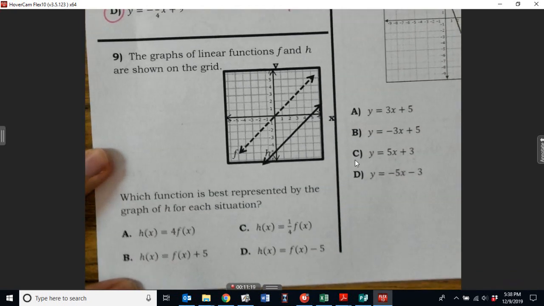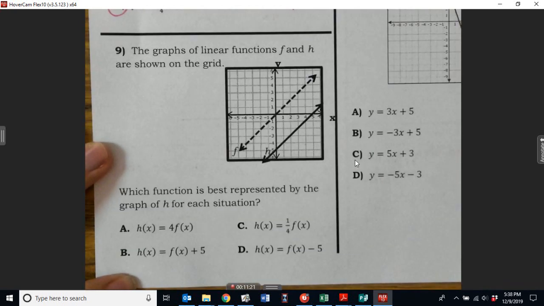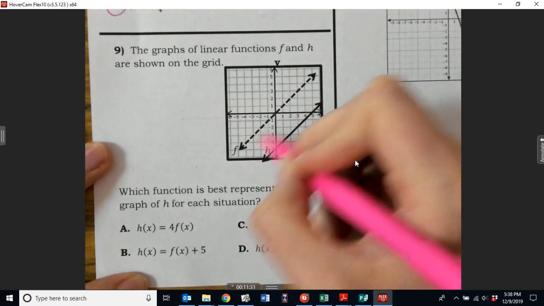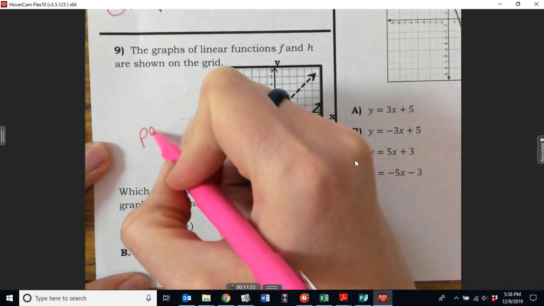Number 9. The graphs of linear functions f and h are shown on the grid. Which function is best represented by the graph of h for each situation? So f is your parent function, and this time h and f are parallel lines.